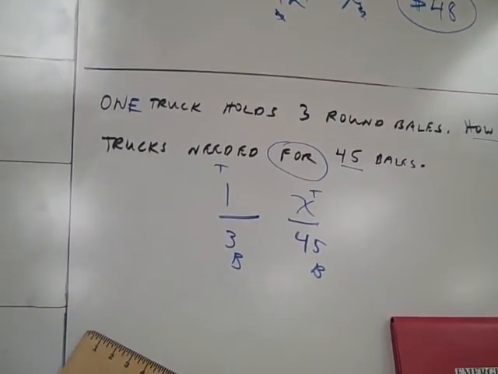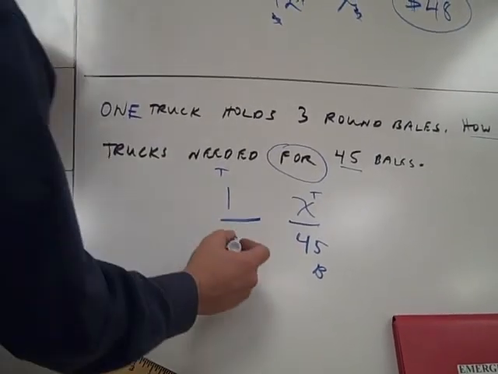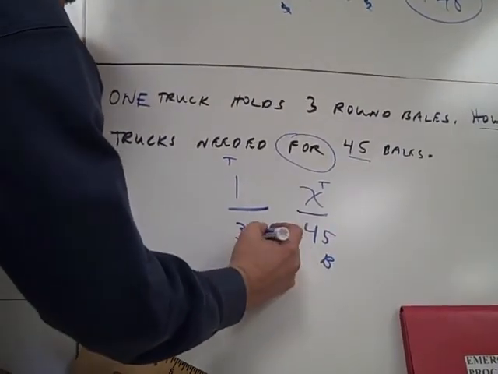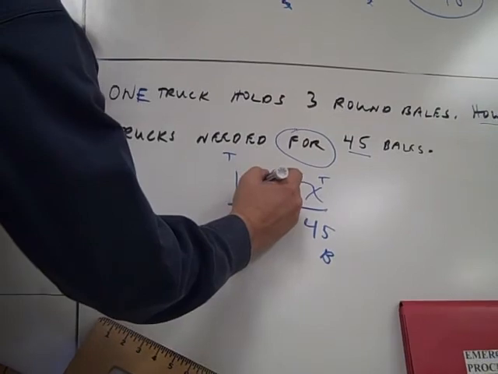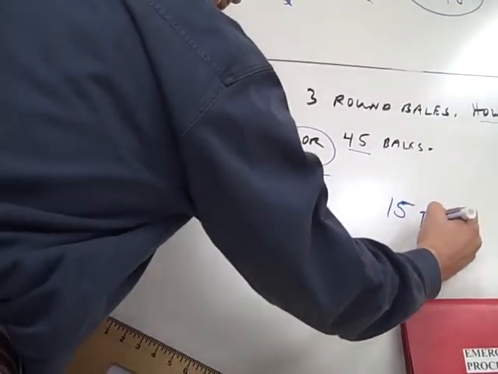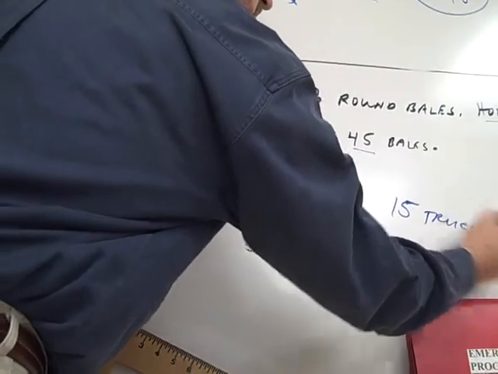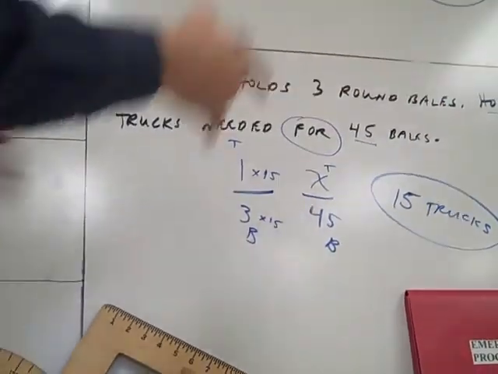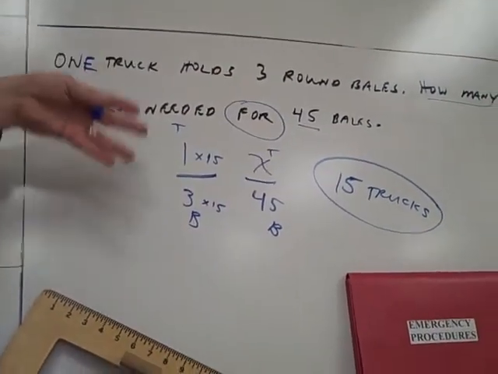How do I work it? PhD. 3 times 15. Times 15. Do it right up here. What do we get? How many trucks? 15 trucks.